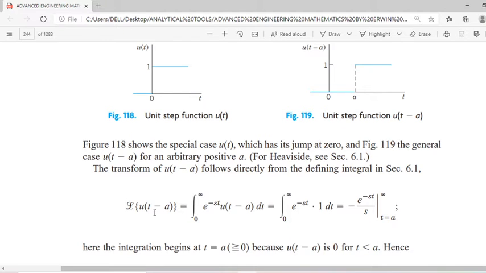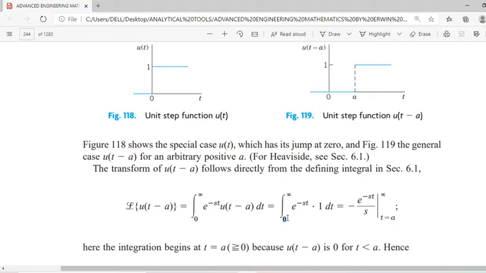So what is the Laplace transform of this unit step function? L of u of t minus a equals, traditionally you can solve like this: integral 0 to infinity e raised to minus st u of t minus a dt. It is 1 in the region a to infinity.